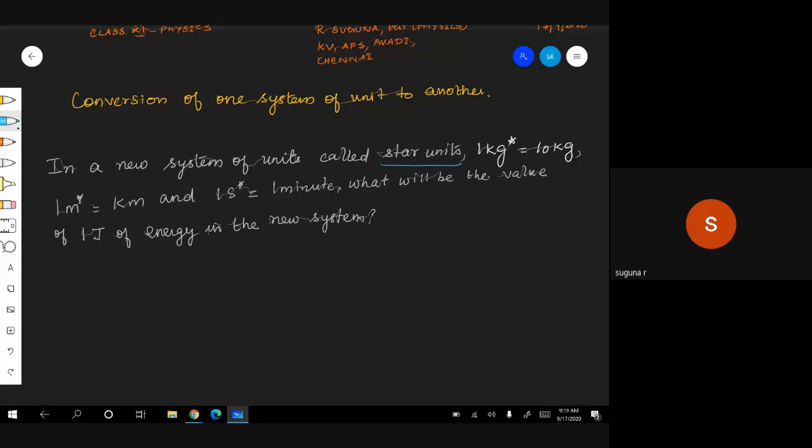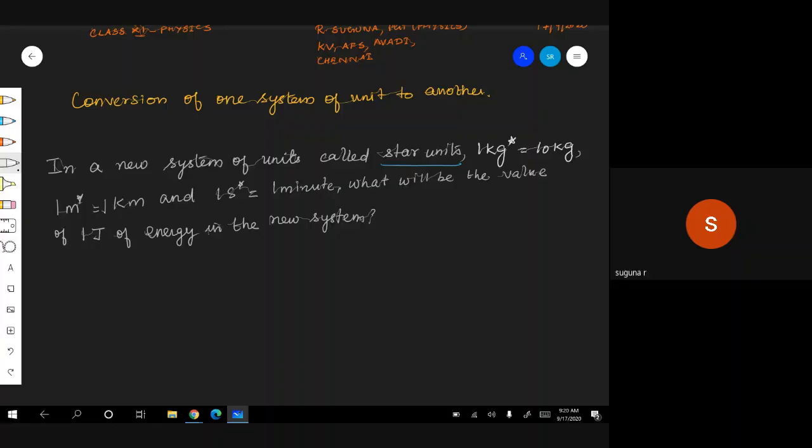There is no such unit, I am repeating. 1 kilogram star is equal to 10 kilogram. 1 meter star is equal to 1 kilometer. And 1 second star is equal to 1 minute. These are all the data given.